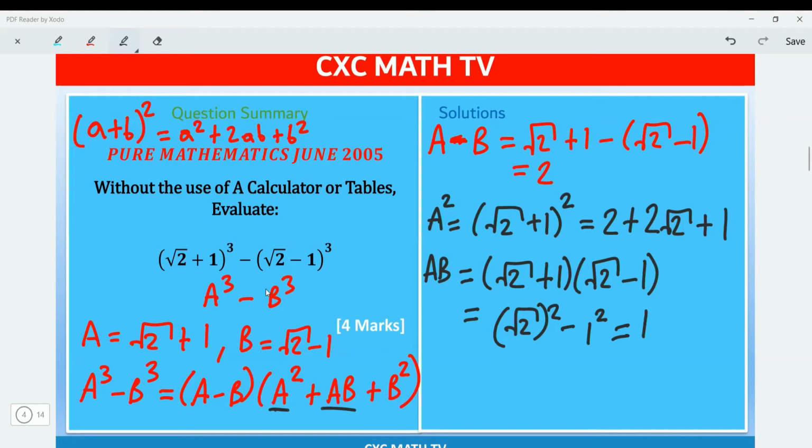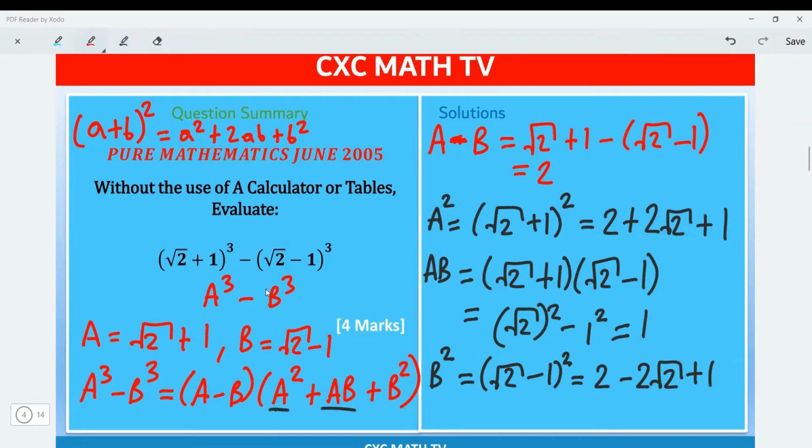Now we need to work out b square. b square is going to be (√2 − 1) all square. That's going to be (√2)² is 2, minus twice the product of the two, which is 2√2, plus second term square, which is plus 1.